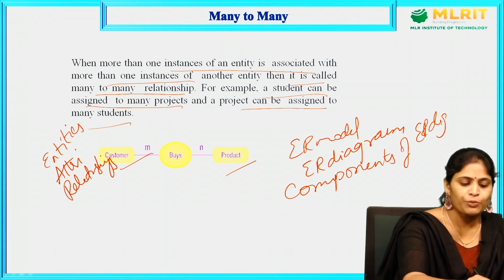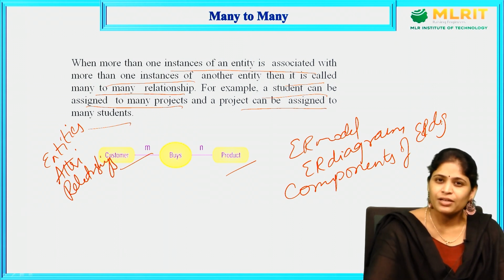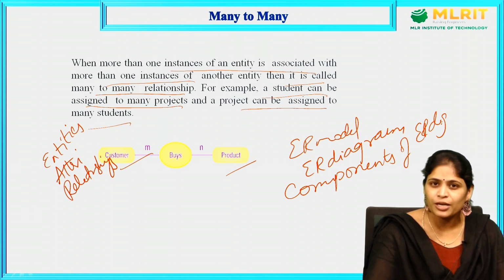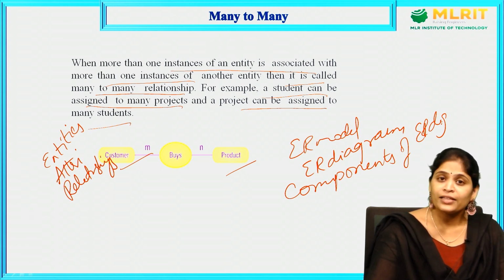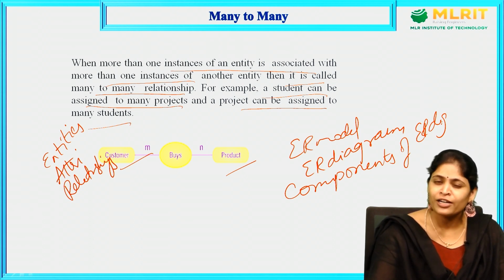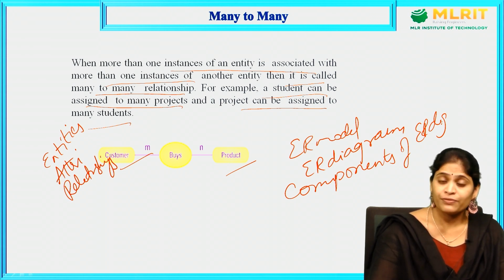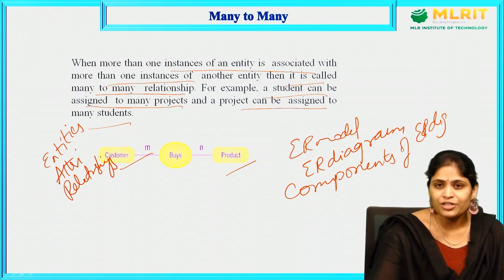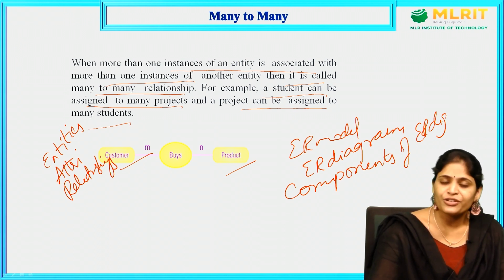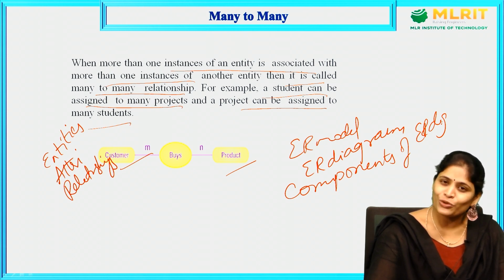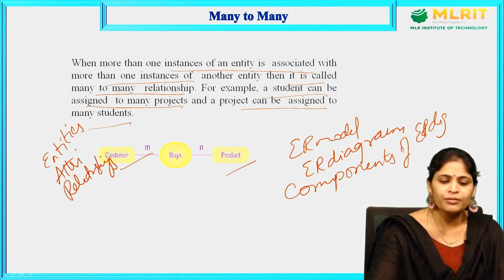These are the three important components, and we have discussed the types of entities. What are those types? Strong entity, weak entity, and the types of attributes: single valued attribute, multi-valued attribute, derived attribute. So we have dealt with types of attributes. And relationships. So how many relationships are there? Right, unary, binary, ternary relationships, and mapping cardinalities. What are the mapping cardinalities here? One-to-one, one-to-many, many-to-one and many-to-many.